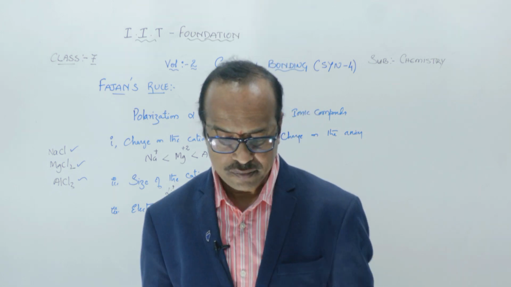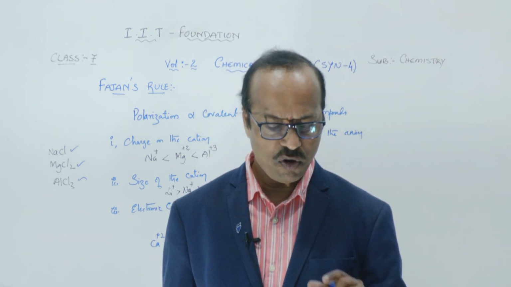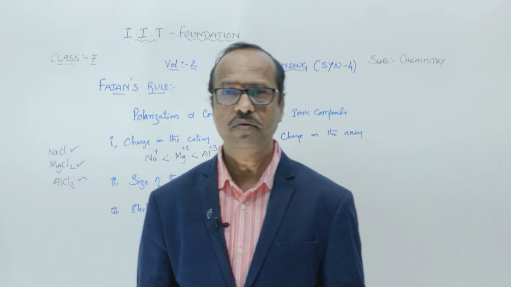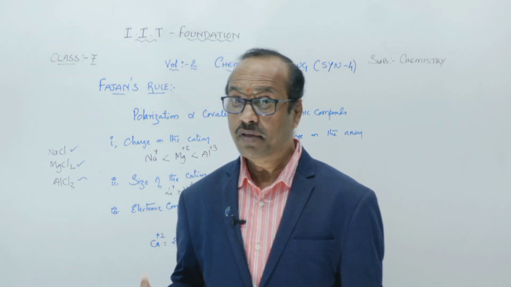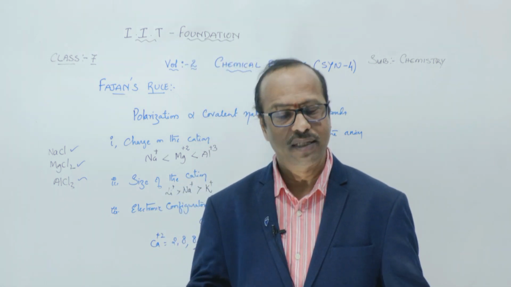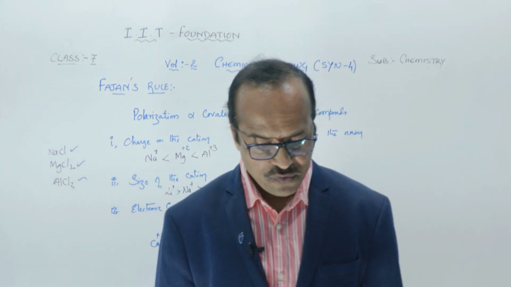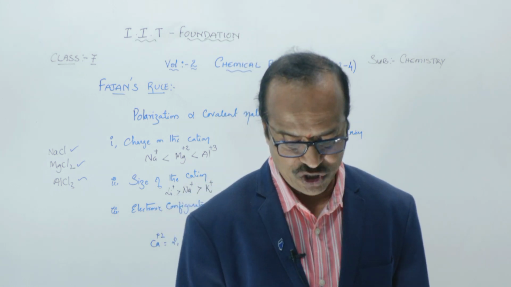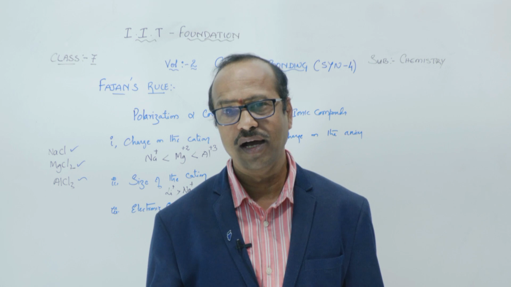Then come to the next: the difference between the values of electronegativity of the combining atoms is small. Just now I told you, if the electronegativity difference between the two atoms is large, they are ionic. If the electronegativity difference between the two atoms is small, then that is covalent. So option is 2. Third one, the difference in the ionization potential of two atoms is more, leads to an ionic bond.